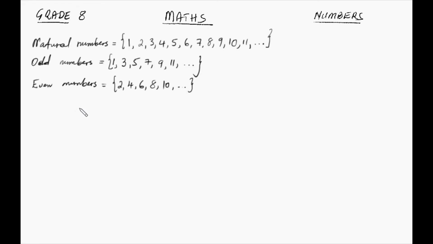So now we have prime numbers. When we talk of prime numbers, we are talking about numbers like 2, 3, 5, 7, 9, no, not 9, 11, and so on.